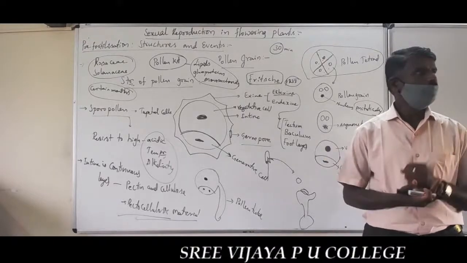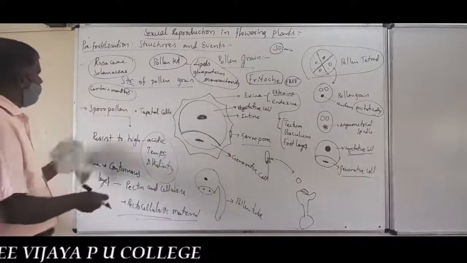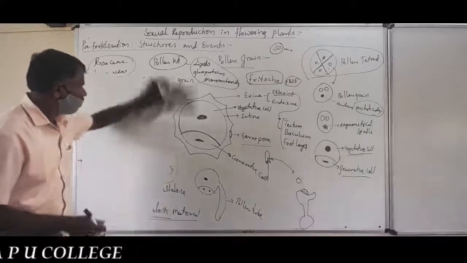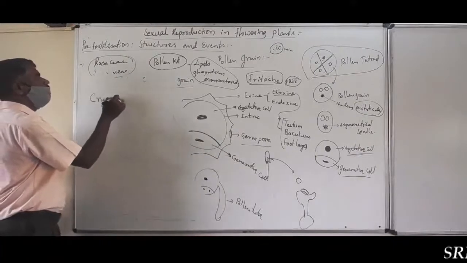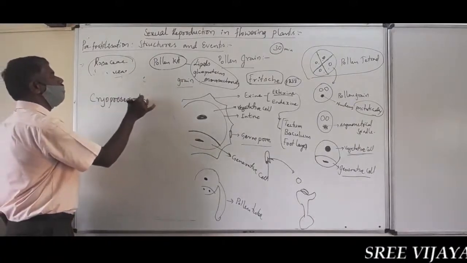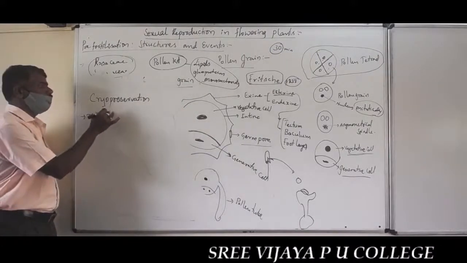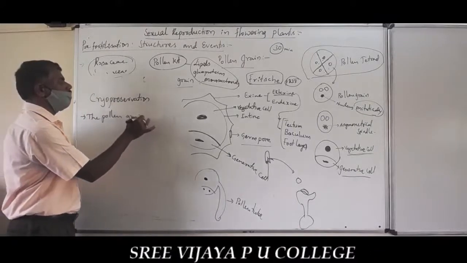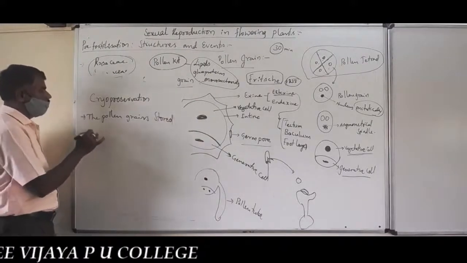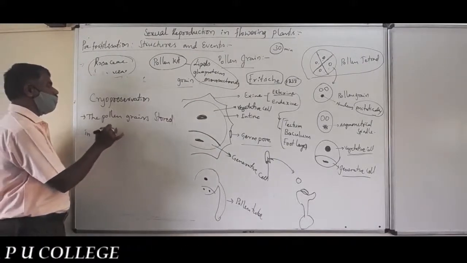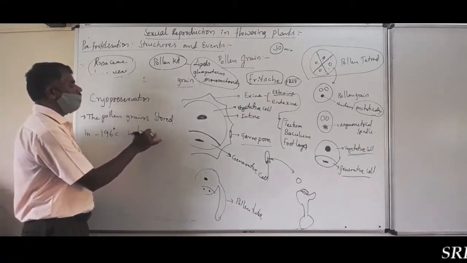This is the technique called cryopreservation. Here the pollen grains are stored at minus 196 degrees centigrade in liquid nitrogen.